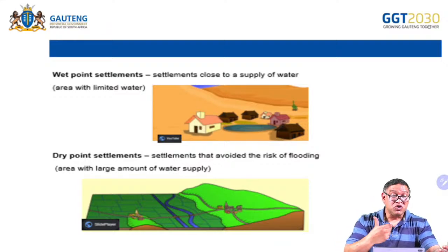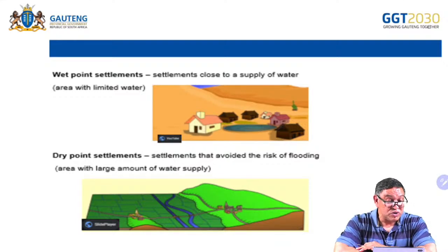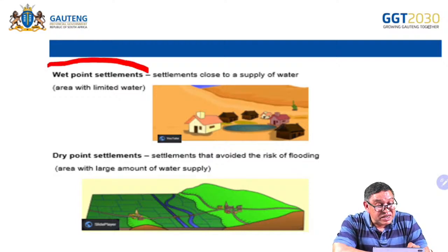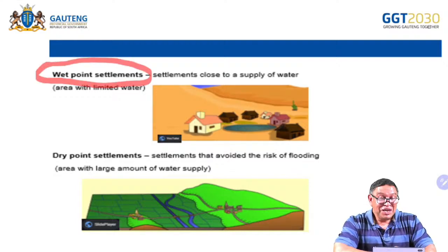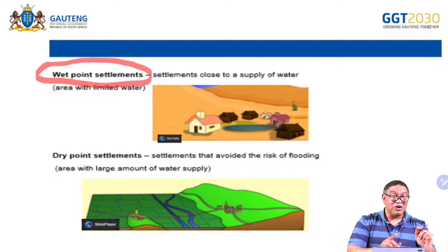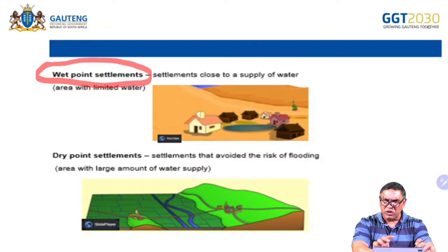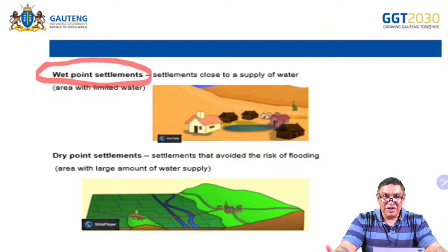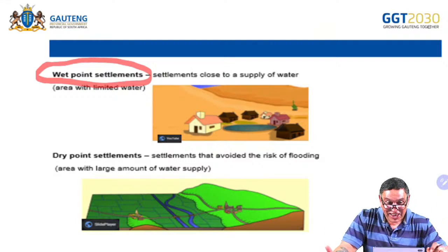Then the types of these rural settlements. Now, wet point, and please note, it is situated in an area where there's a lack of water. Many learners mix this up. They think wet point means lots of rainfall, dry point means less rainfall. Don't associate wet and dry like that.